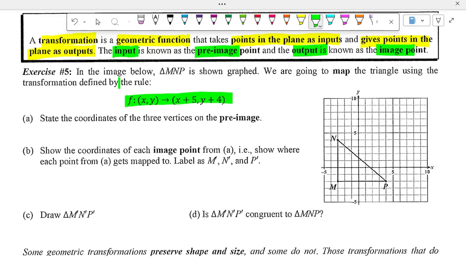All right, so first off, let's go ahead and just figure out what the original points are. All right, so anyone, what is the original point for M? So on the graph, what is the original point for M? -3, -2, good. What's the original point for N? Someone else.